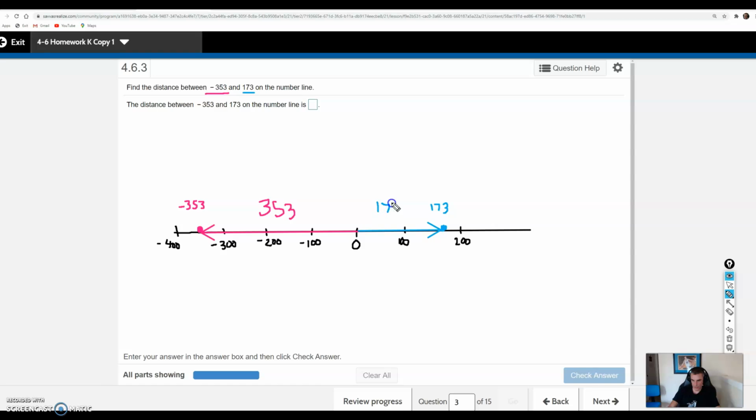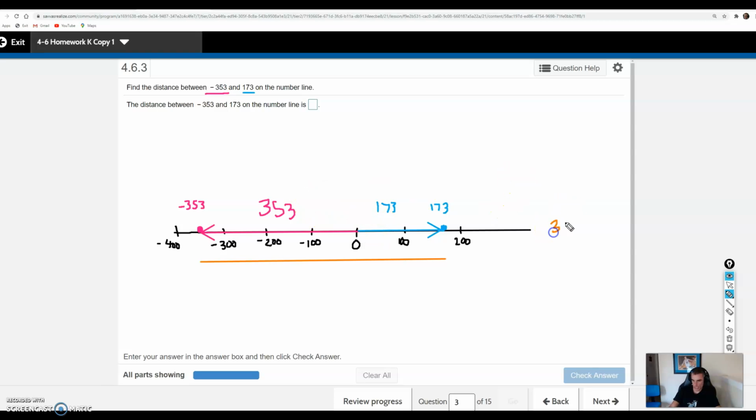So if I want to find the total distance between these two points, right, starting here and going all the way to here, I'm just going to add those two together, right? This is the distance from negative 353 to 0, and this is the distance from 173 to 0.